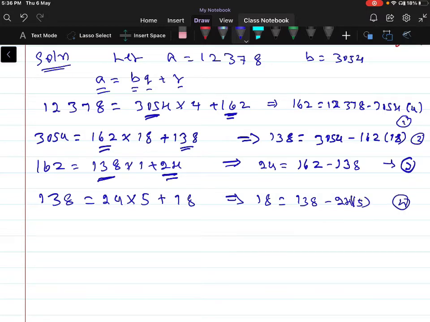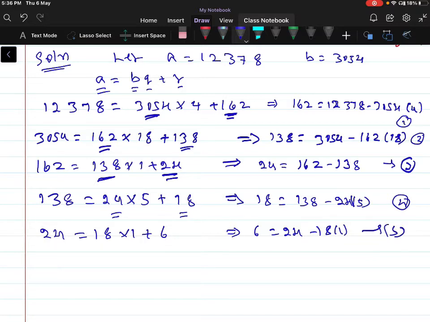This is equation number 4. Now let us apply the algorithm for the integers 24 and 18. So now 24 can be written as 18 into 1 plus 6. So the remainder 6 can be written as 24 minus 18 into 1, equation number 5.